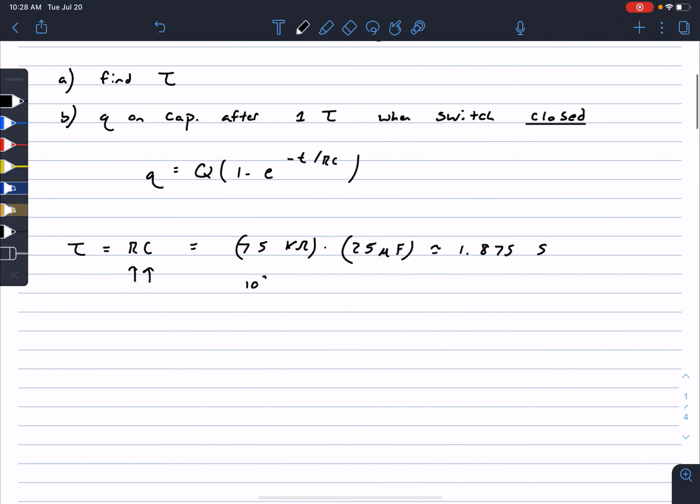This is 10 to the 3 times 10 to the negative 6, and then we have 75 times 25, and that's what gives us this value.